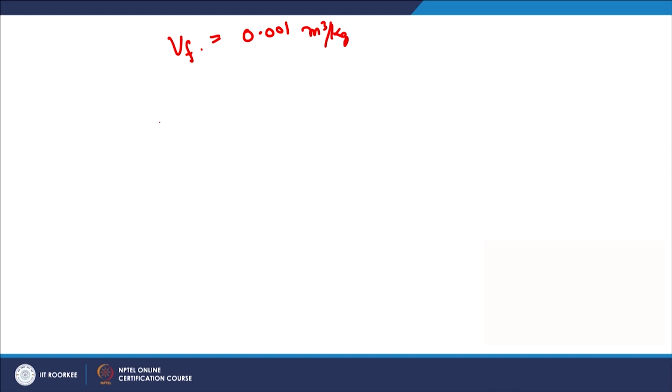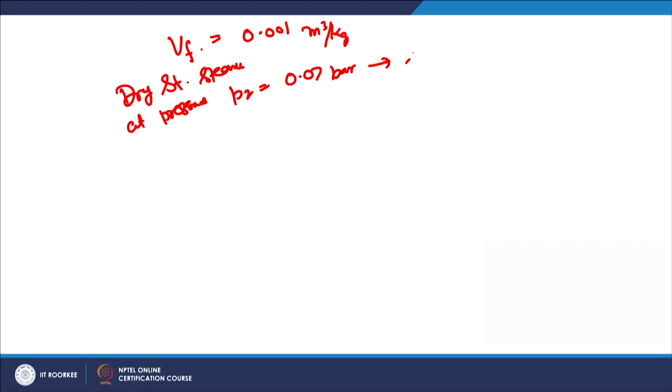Now for dry saturated steam, at pressure P2, 0.07 bar, HF is 163 kilojoule per kilogram. HFG 2409.2 kilojoule per kilogram.